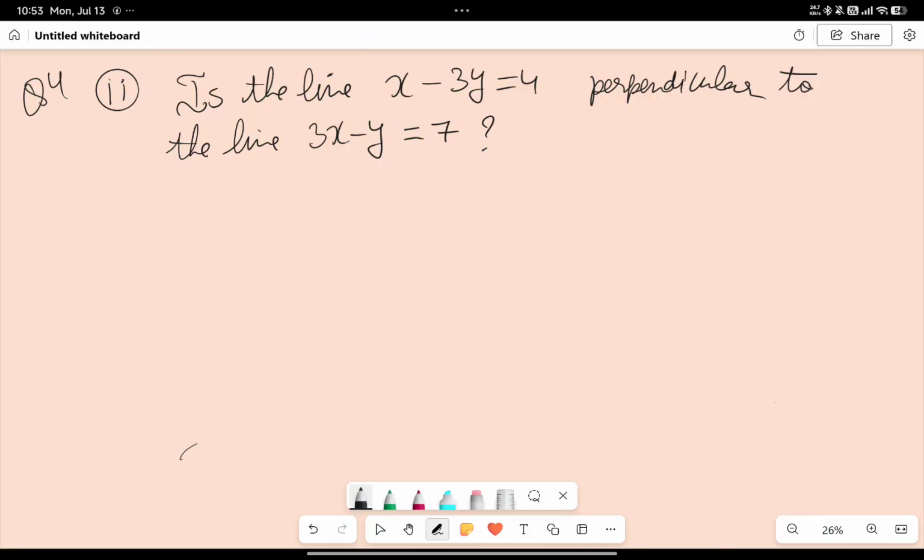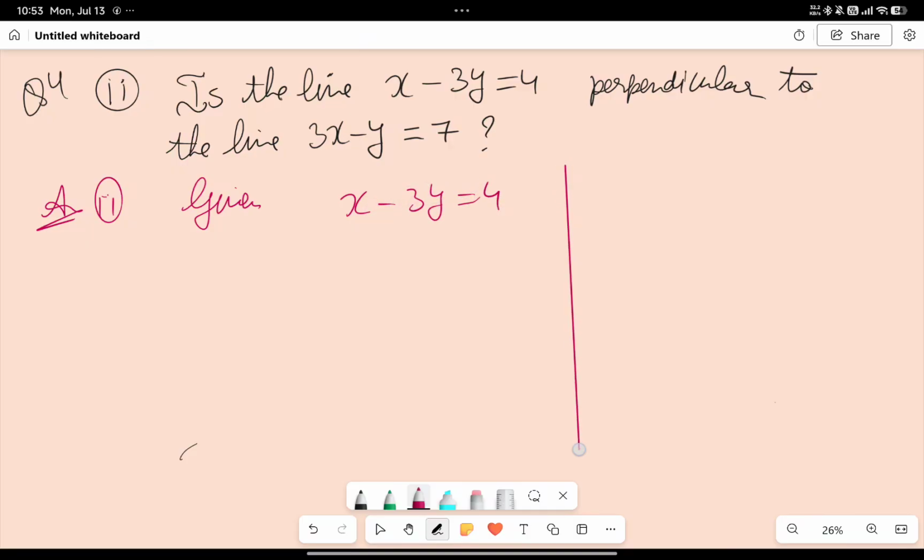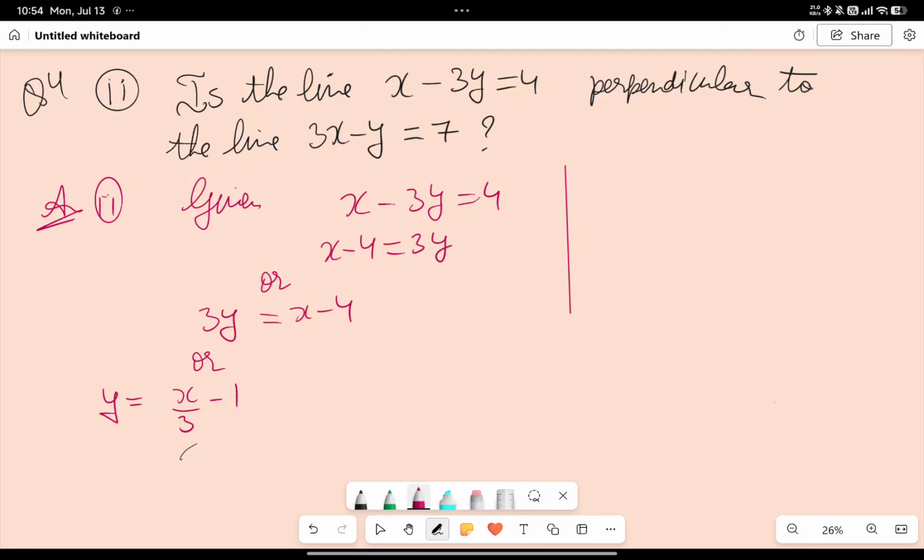Similarly, how to do here? First, you have to write here given x minus 3y equal to 4. Then from here I can write x minus 4 equal to 3y, or 3y equal to x minus 4, or I can write here y equal to x over 3 minus 1 over 3.